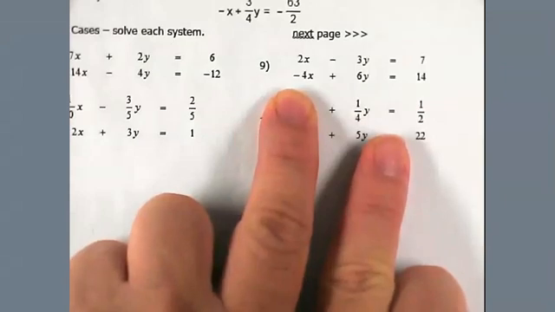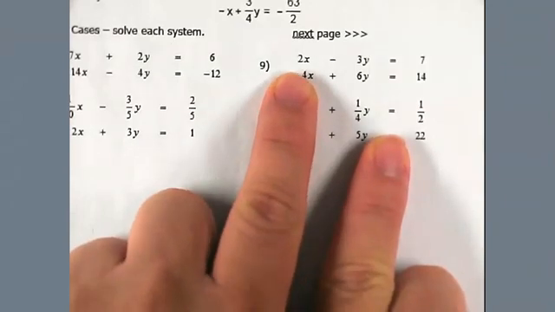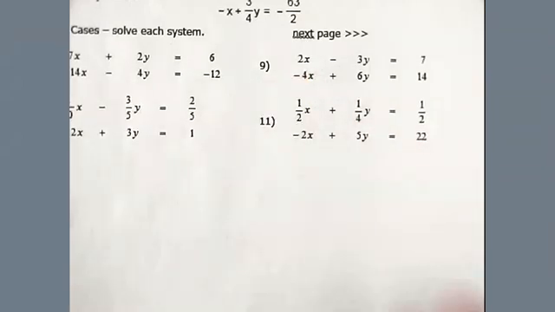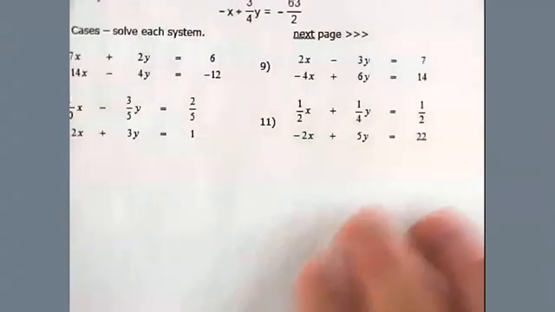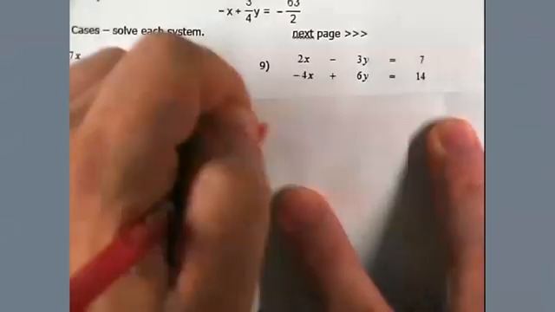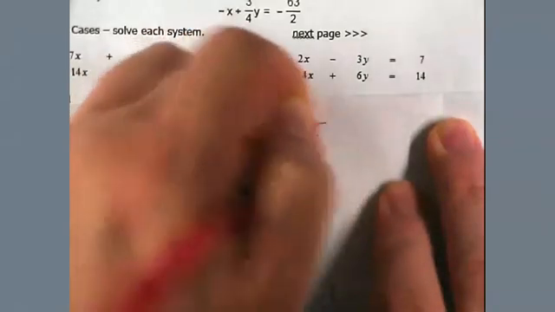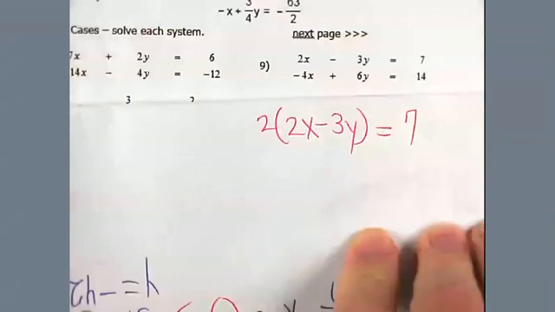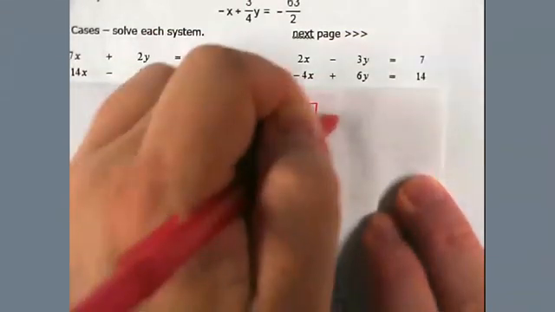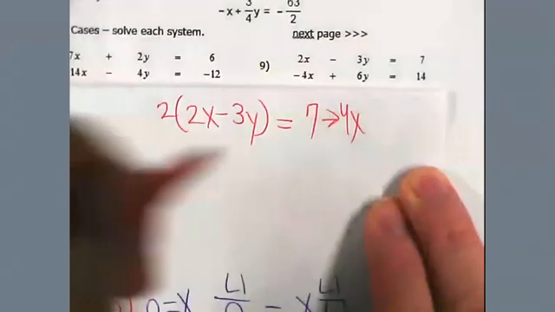Now, in order to eliminate the x's, that 2 has to turn into 4. So that means we have to multiply the entire first equation by 2. So we'll multiply the entire first equation by 2, and that gives us 4x minus 6y.